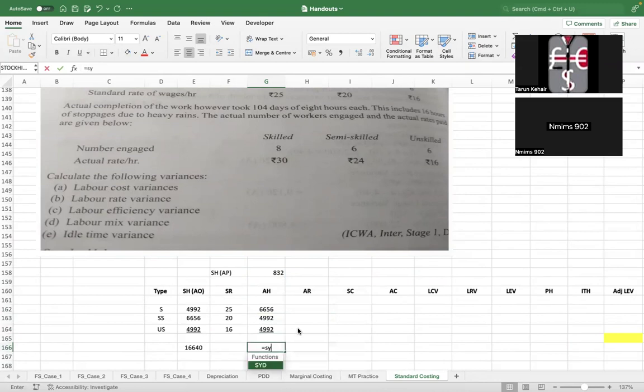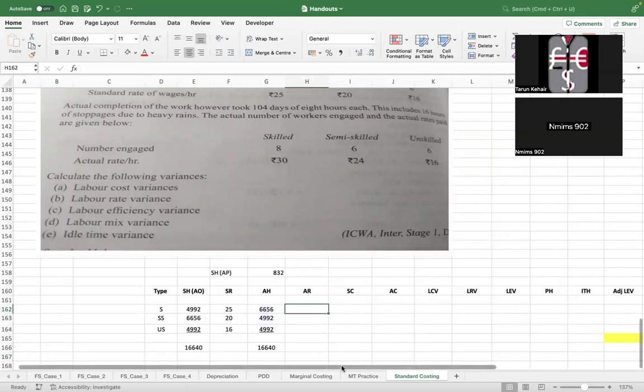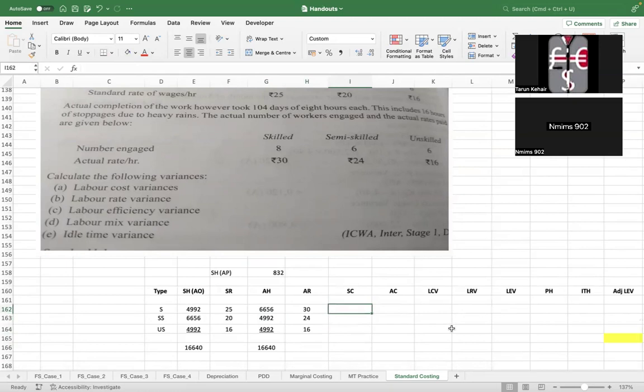So again, we take a summation. Total actual hours is also 16,640. Actual rates have also been given to us. 30 for skilled, 24 for semi-skilled, and 16 for unskilled. So standard cost is now very simple.